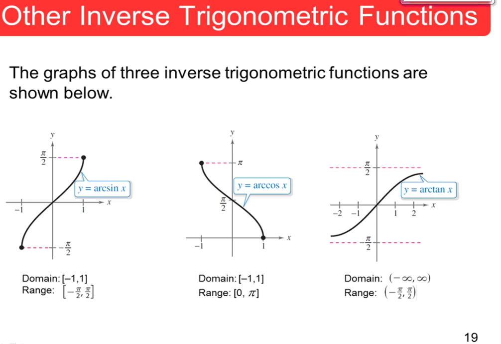And also notice that arc tangent goes on forever in either of those directions. So in the domain, it encompasses all real numbers. And again, the range goes from -pi/2 to +pi/2.